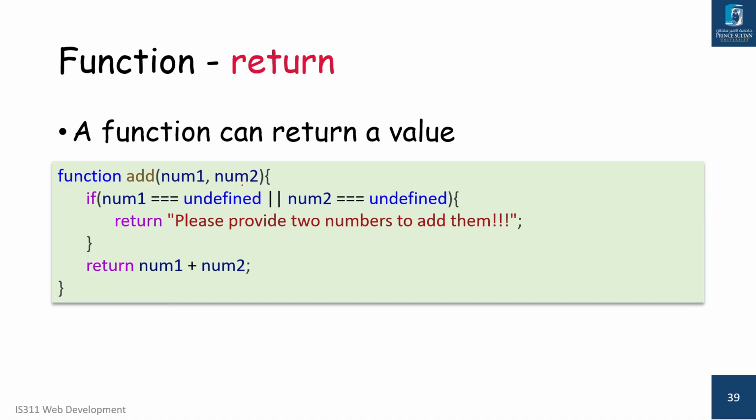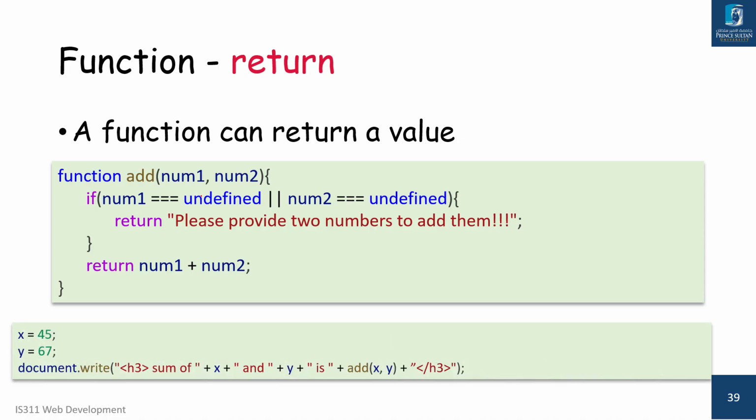So we are saying number one, number two, and if the number one or the number two are undefined, then we can tell the user, please provide the two numbers that you want to add, because you are not providing me both of the numbers. If both numbers are given, then we are going to return the sum of these two numbers back to the calling point where this method has been executed.